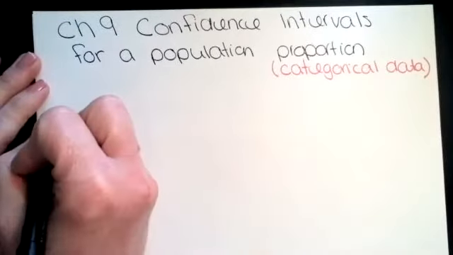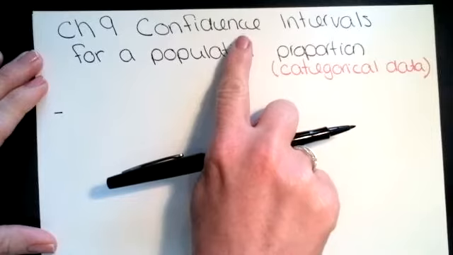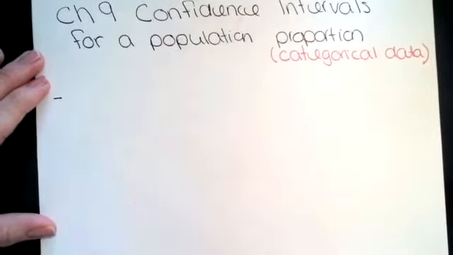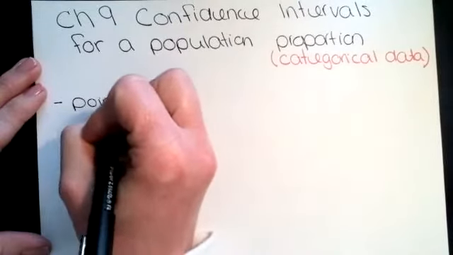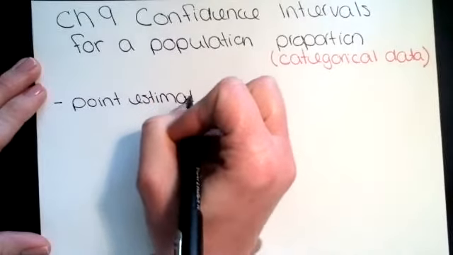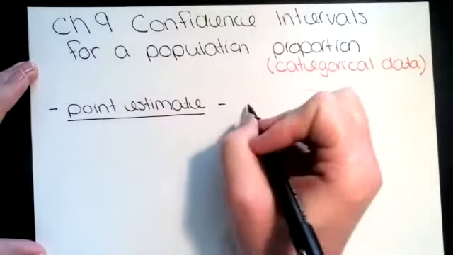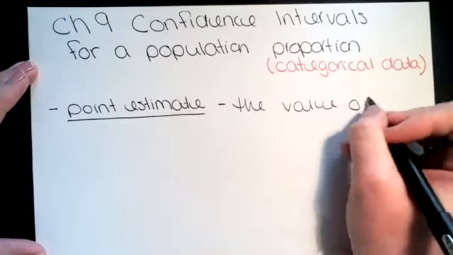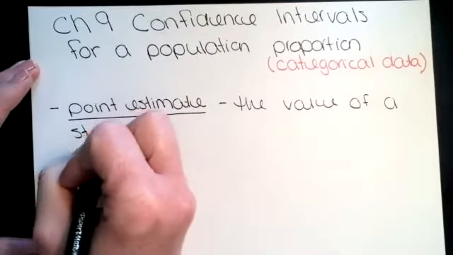So we need to go over a few things before we can get right into confidence intervals and what they look like, how they're made, how we're going to do this, all of that. So the first thing is, let's talk about a point estimate. Point estimate, this is the value of a statistic.